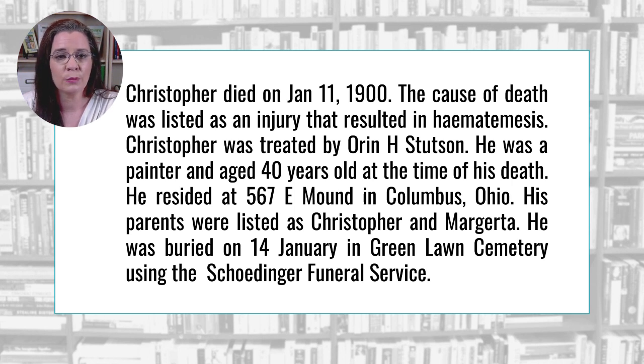The cause of death was listed as an injury that resulted from some complicated medical term, which means he was vomiting blood. Christopher was treated by Orrin H. Stutson. He was a painter. He was 40. He resided in this place in Columbus. Here are his parents' names. He was buried on January 14th in Green Lawn by this funeral service.